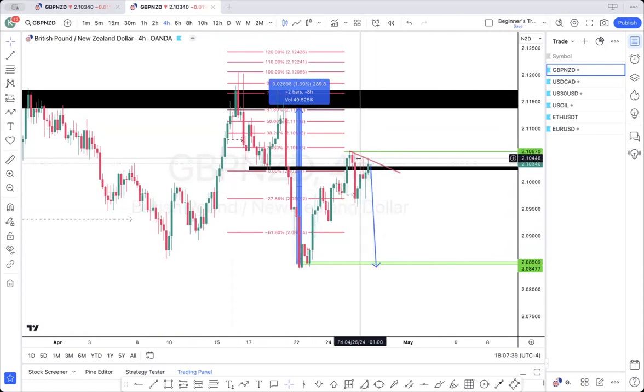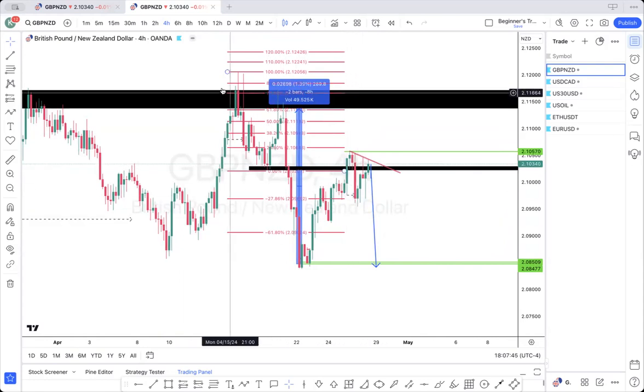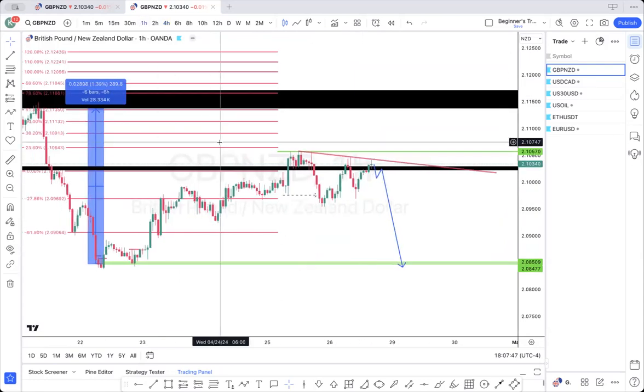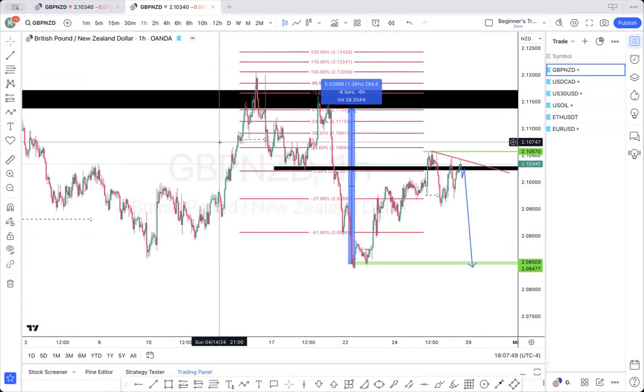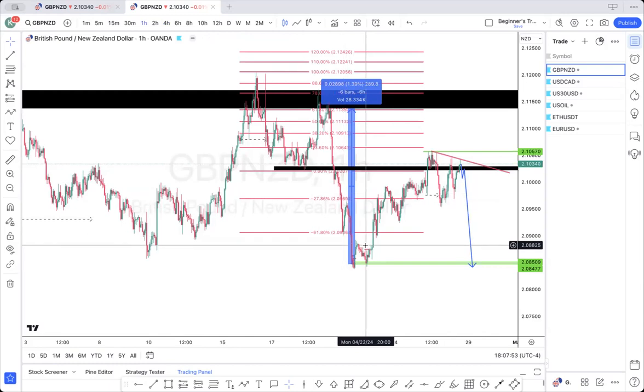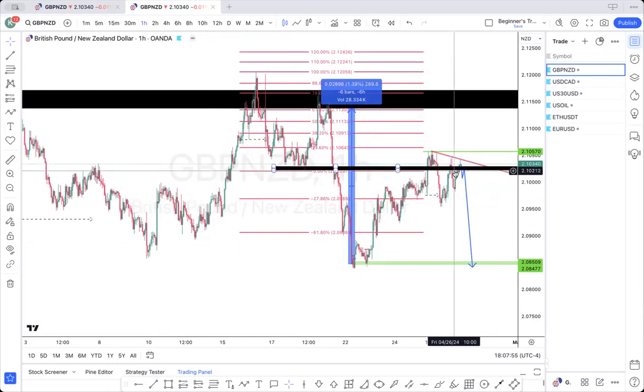So once price pulled back to this zone and then started breaking structure on my 1 hour, then I know I'm waiting for price to pull back to that zone that started the break of structure. I'm waiting for price to pull back.